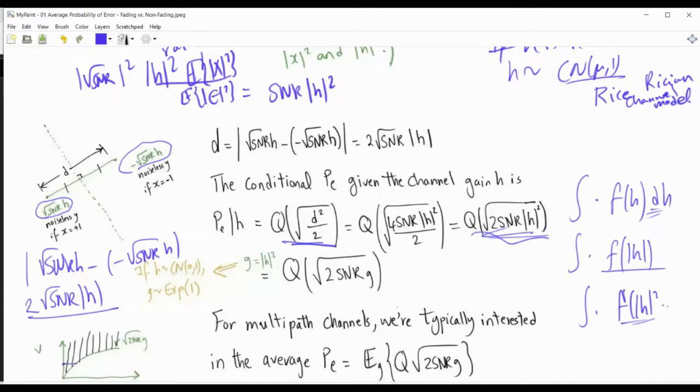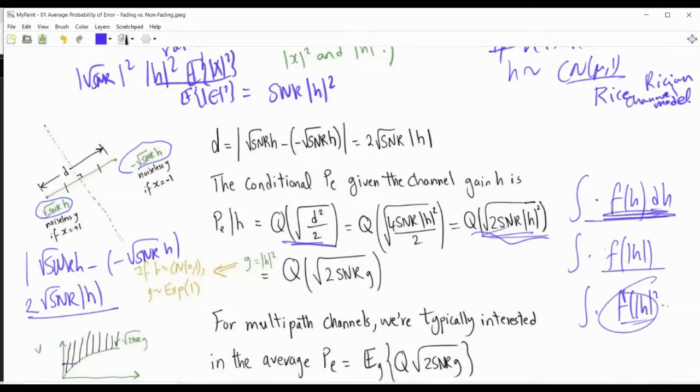So suppose that you use the PDF of the magnitude of h, you will write down the integral, and you will find that you are going nowhere, and you will do a substitution of variables, so that actually you convert the Rayleigh distribution to an exponential distribution, right? So you will find yourself doing this here.